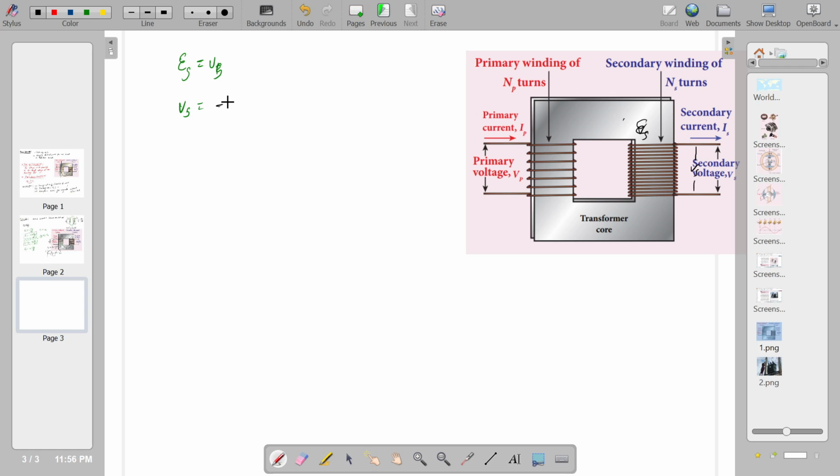So Vs equals minus the number of turns in the secondary coil times the rate of change of the flux.